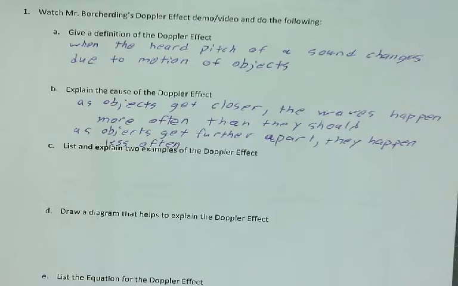And when it gets further away, it's lower than it should be. That's the idea behind the Doppler effect. When the objects are closer together, the pitch goes up. When the objects are going apart, the pitch goes down.